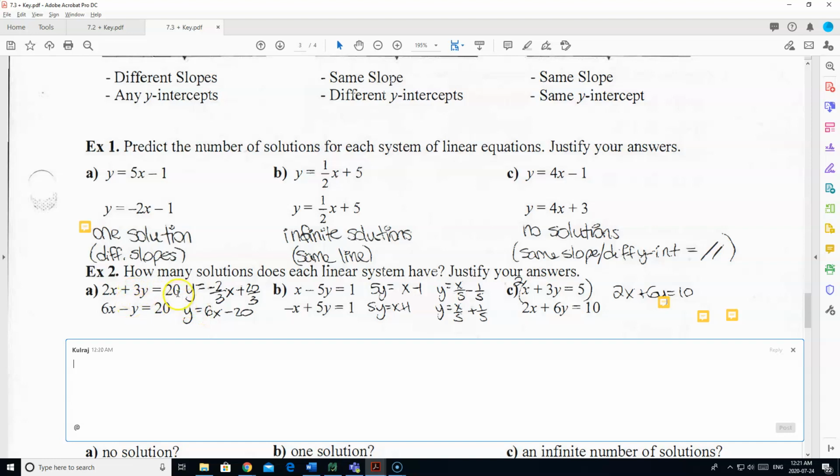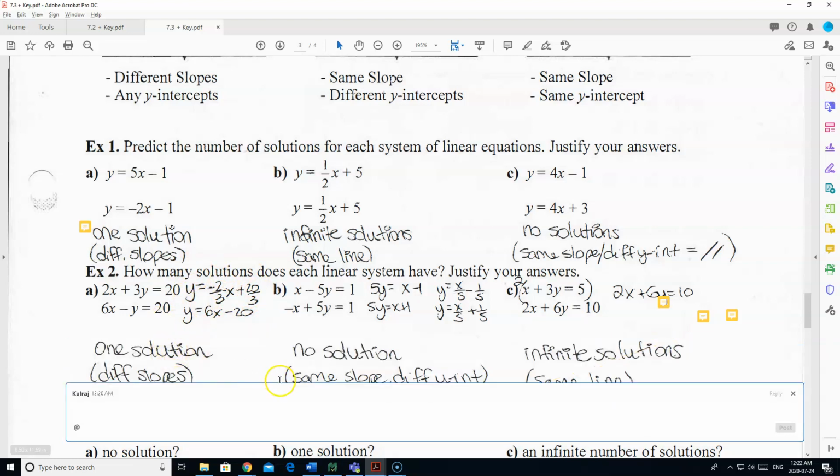Move everything to one side and keep y isolated, so we can have it in the form y equals mx plus b. Same thing for the other equation. We're doing this because now we can compare the slopes and compare the y-intercepts. So in this case, they have different slopes, and different y-intercepts as well. When you have different slopes, that just means it's going to be one solution, right? So one solution here.